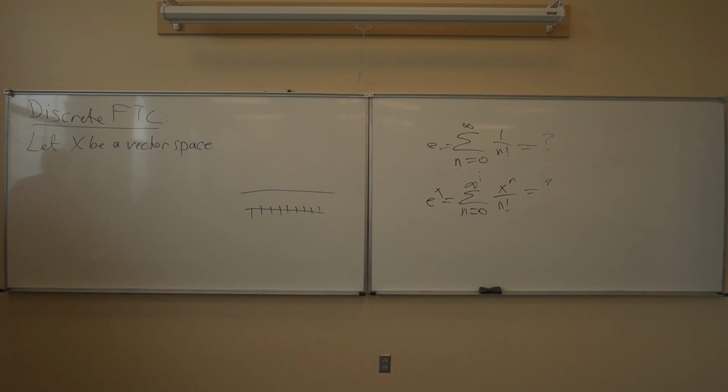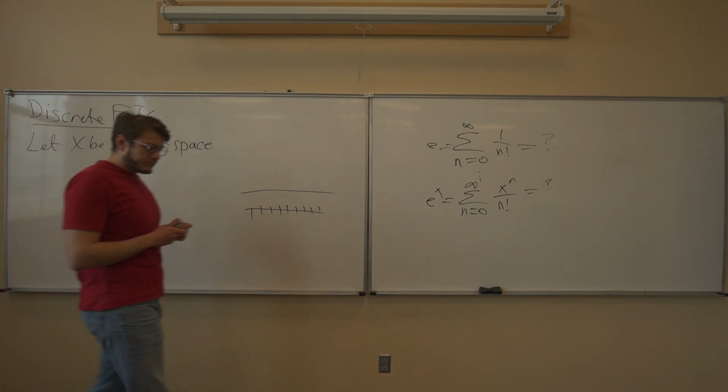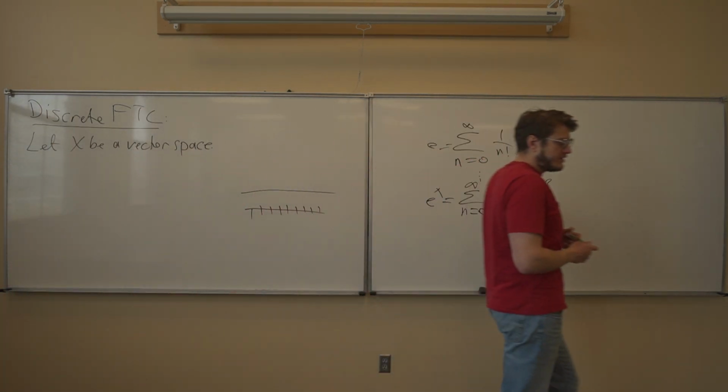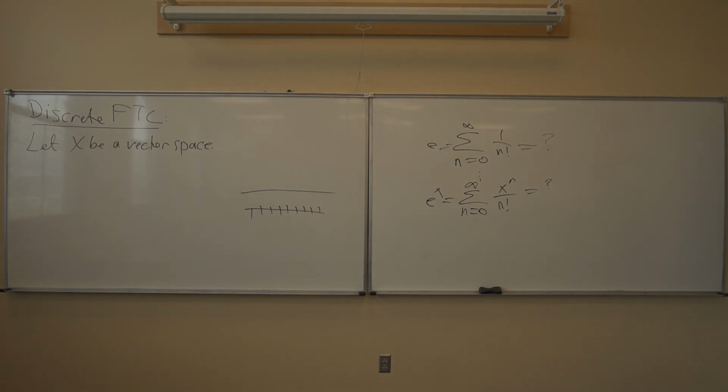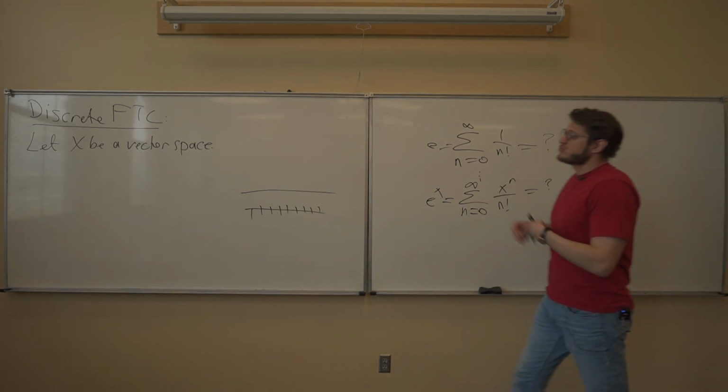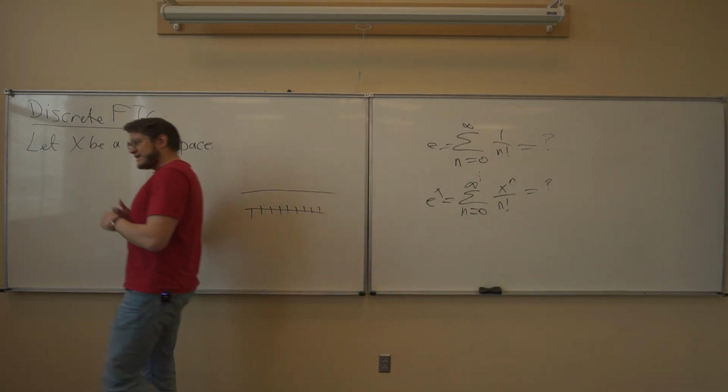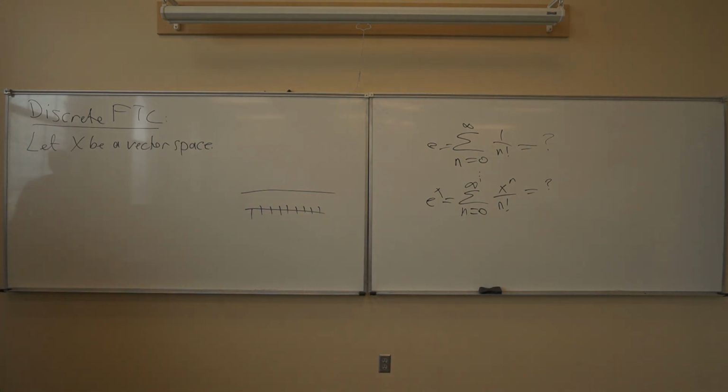Okay? And it's going to turn out that we can come up with a fundamental theorem of calculus 1 and 2, for sequences. And it's going to be a lot easier compared to the fundamental theorem of calculus for functions with real variables.